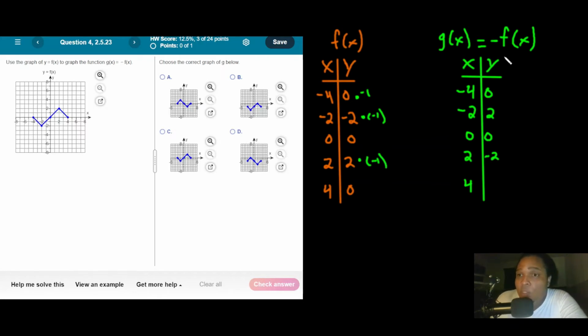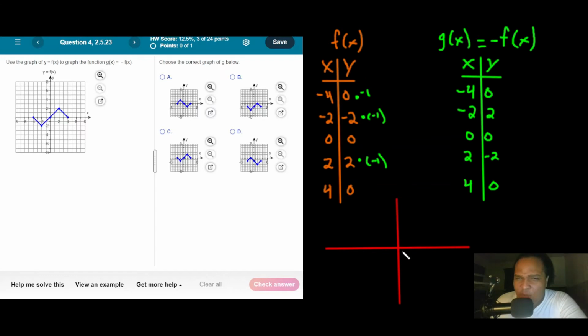So you see, we're just multiplying all of our y's by -1, and that's it. 0 times -1 is 0. So there goes our new graph. Let's go ahead and draw this one from scratch because I want to show you guys something. We just stumbled across a reflection.